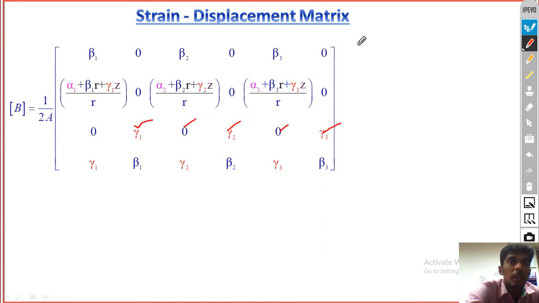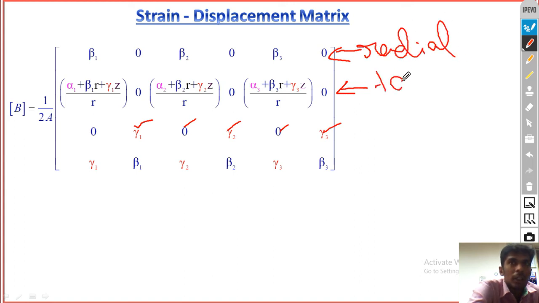Here you remember this is axial strain, axial stress, in the vertical direction. This is tangential. Remember that this is radial, this is tangential, and this is axial.